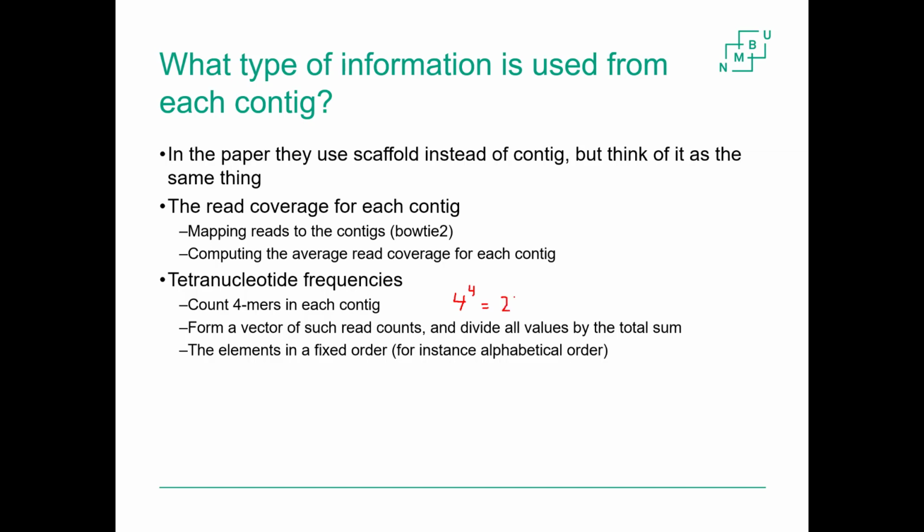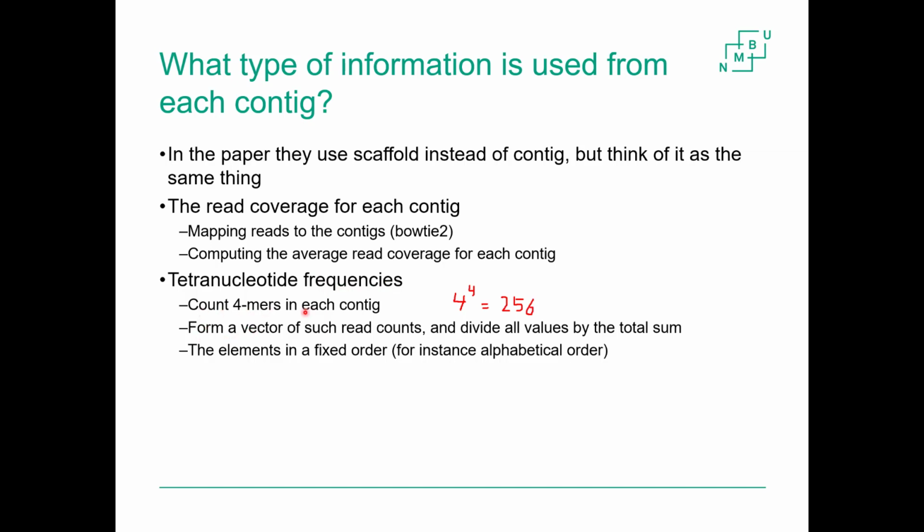So here we only look at these 256 4-mers and count how many times we see each one of them in each contig. The reason we need fairly short k-mers for this type of idea is that we need all contigs to contain virtually all of them, because we are looking at the frequencies, how often they occur.